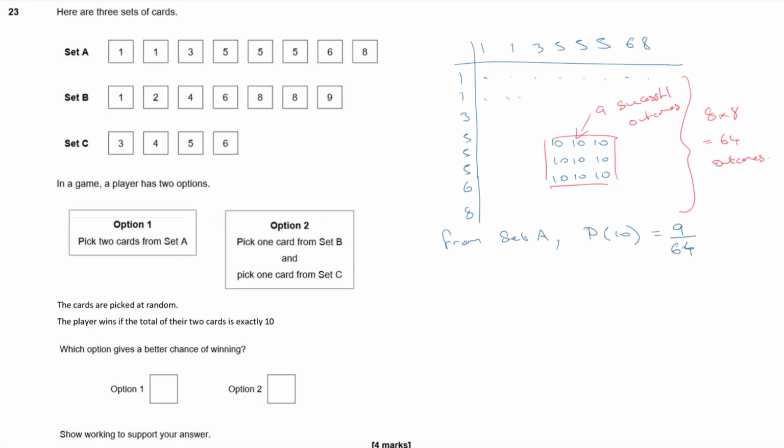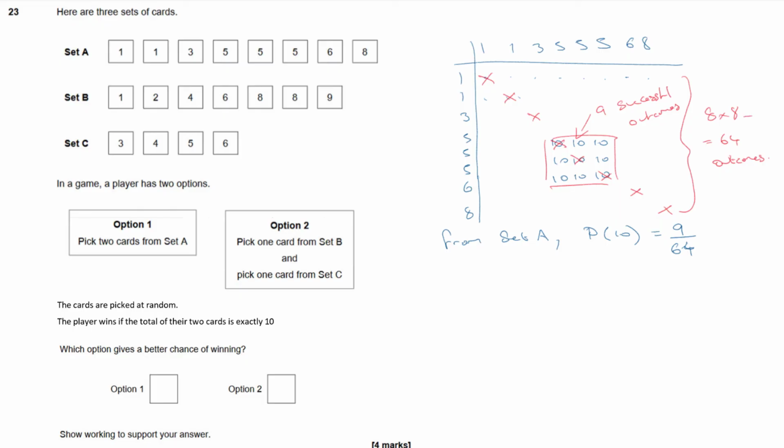But while I've been doing that, I realized I've overcounted with the other one because actually you can't pick the same card twice, so you actually can't get any of these numbers down the lead diagonal, can you? So that includes that one, that one, that one, that one, and that one. So we don't have 64 outcomes because you can't get that one along the lead diagonal.